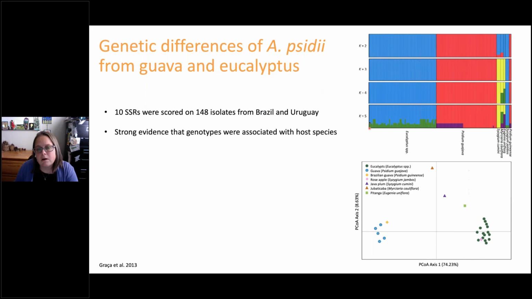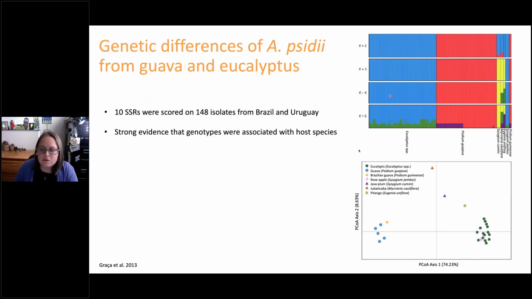Each bar is a genotype, and the color of the bar represents which population it may have come from. What you can see here is that the best number they had was 2 different populations, but they're really distinct. The population in eucalyptus is distinct from the population on guava.